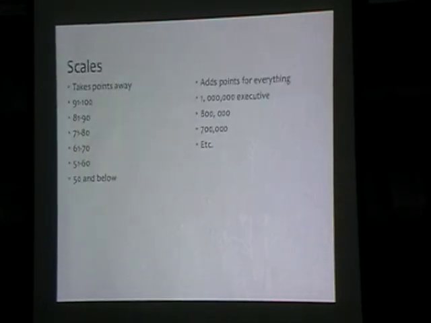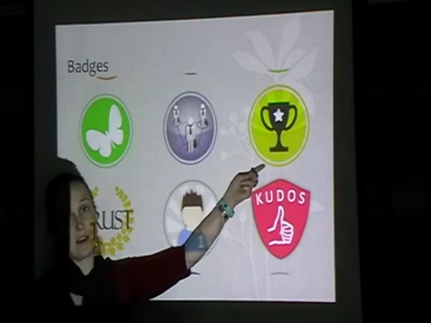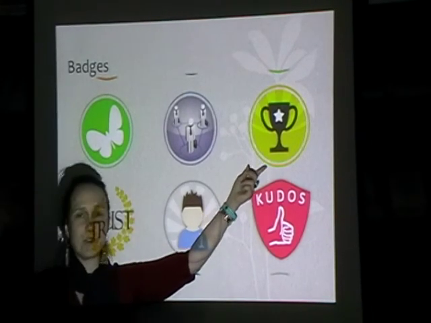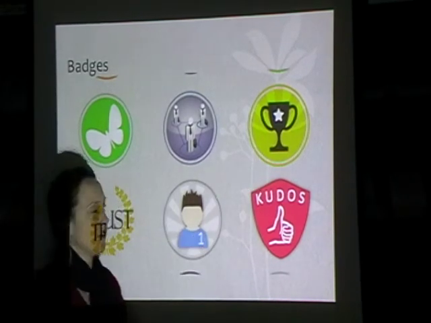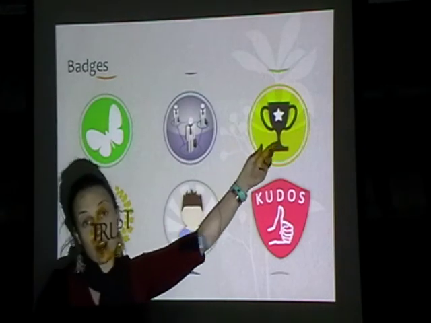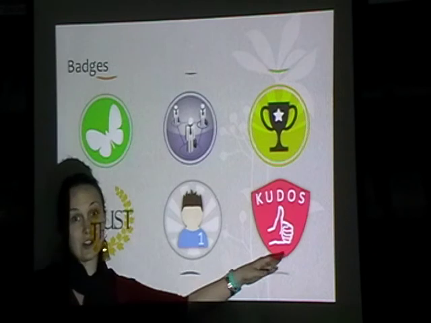I just wanted to show you some badges before we close. So this is an example of the badges that you could give. You know, they got 2 tests right or 5 quizzes and they got like a gold, a star, and a trophy. Kudos, they did a good job on something.